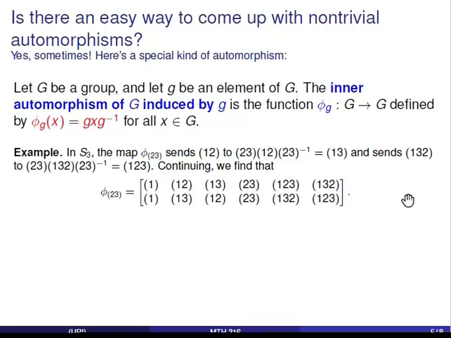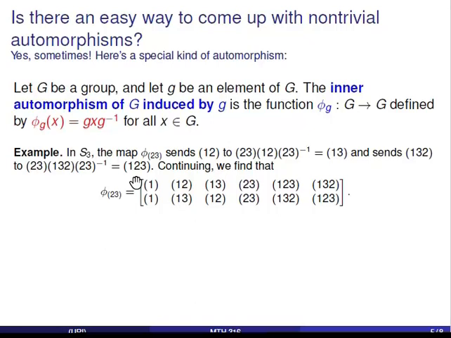What can inner automorphisms look like in practice, though? Well, here's an example. We're showing here the inner automorphism of the symmetric group S3 induced by the cycle 2,3. Conjugating the cycle 1,2 by 2,3 produces the cycle 1,3, and conjugating 1,3,2 by 2,3 ends up giving us the permutation 1,2,3.